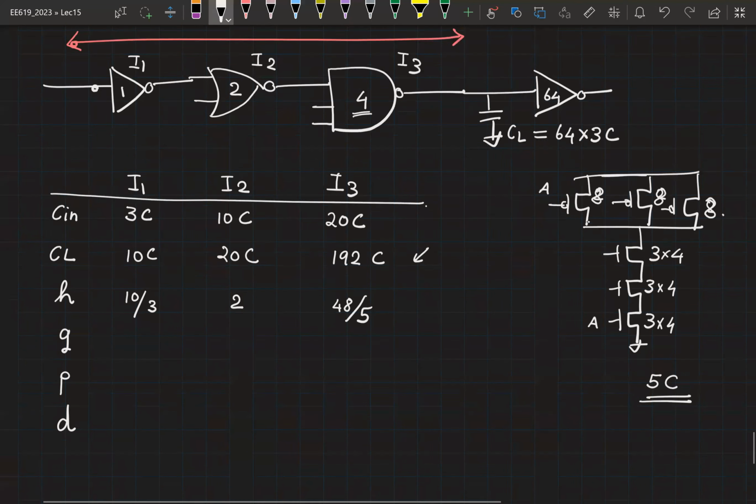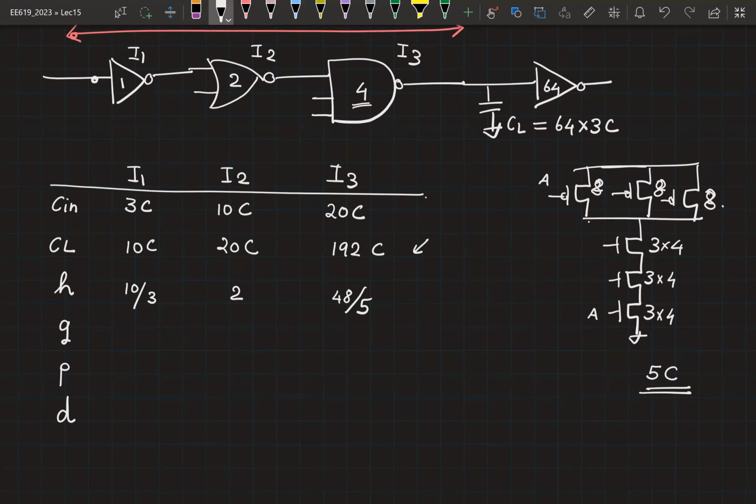What is the logical effort of an inverter? 1. Logical effort of NOR 2? So you said 10 by 3, right? But we said logical effort is independent of sizing. What is the definition of logical effort?